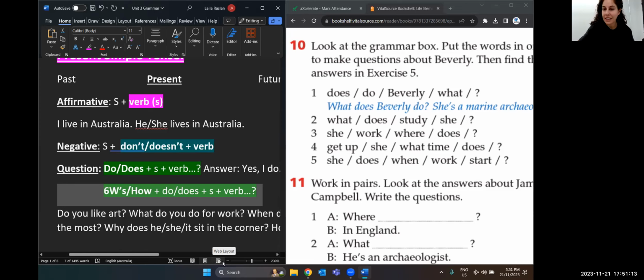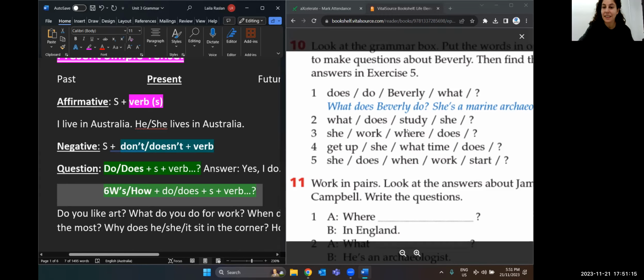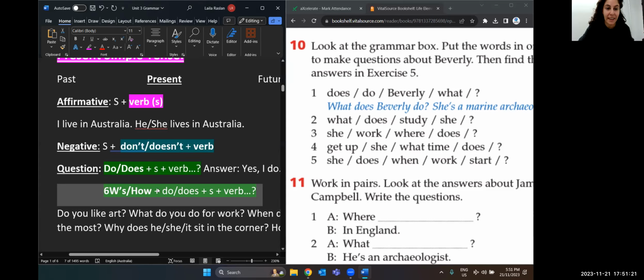Number 3, I can see a W. So let's start there. Where does she work? Perfect. It's the same rule as well. Where does she work? Number 4, again, I can see the W. So that's the first thing. Perfect. What time does she get up? The main action is get up, to wake up. It's the same as saying, what time does she wake up?